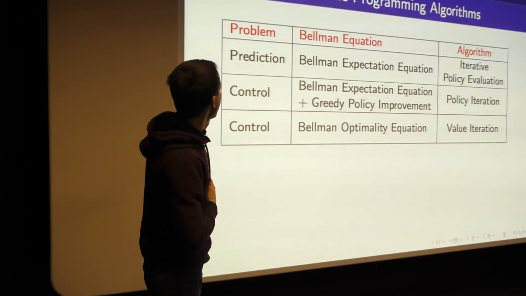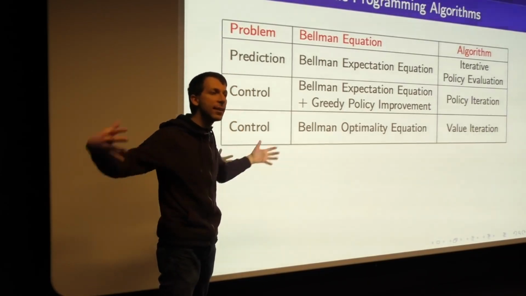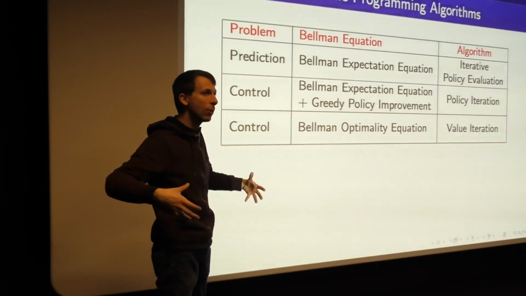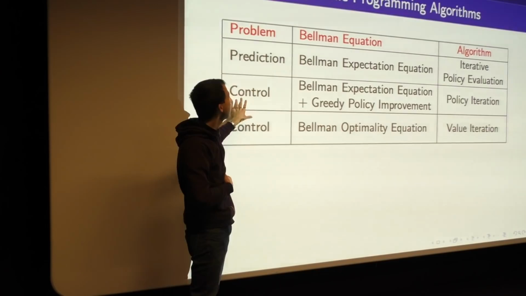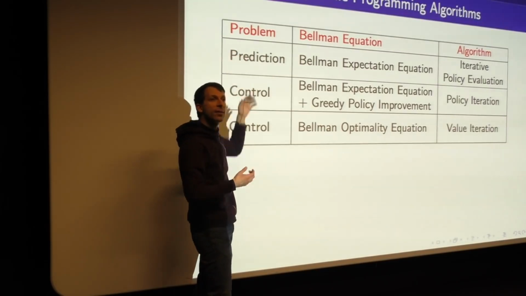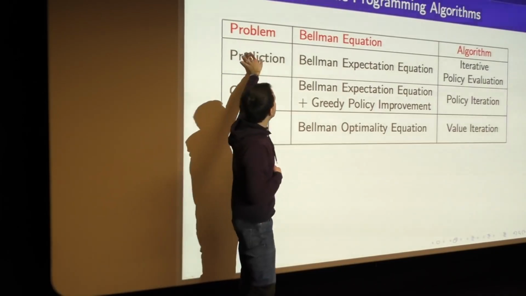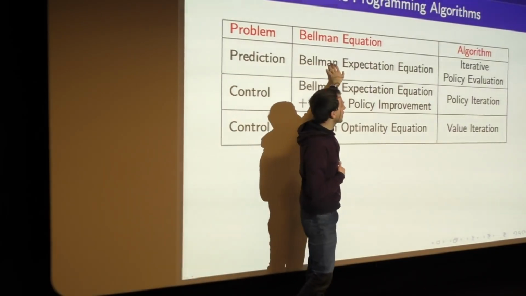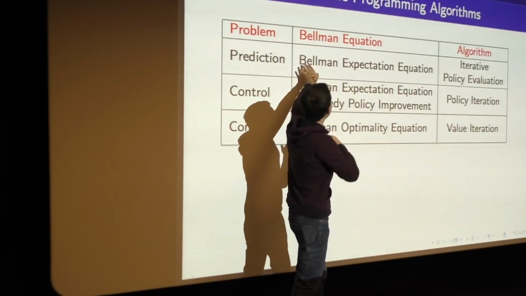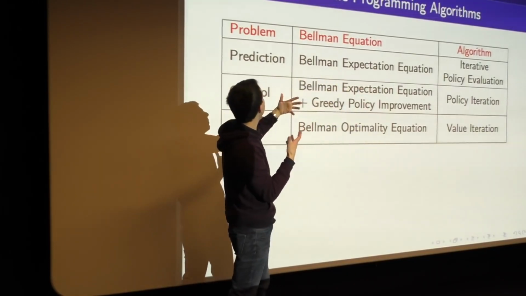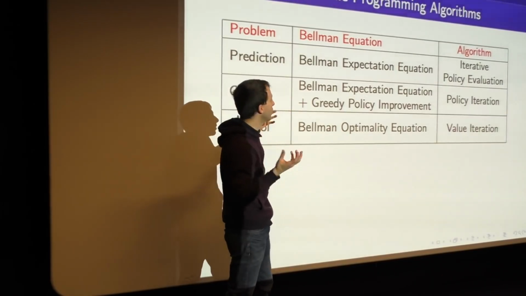Okay. There are different problems that we're trying to solve. All of these are planning problems. In all cases, the MDP is given, and we're just trying to solve for that MDP. But there are two types of planning problem: prediction and control. In the first case, we're trying to say how much reward you get from some given policy. To figure that out, we use the Bellman expectation equation, which defines what it means to have a value function when you're doing prediction.